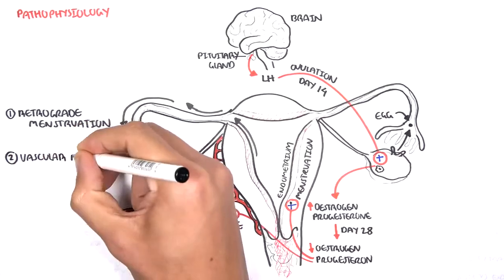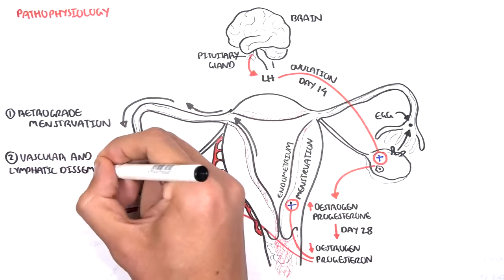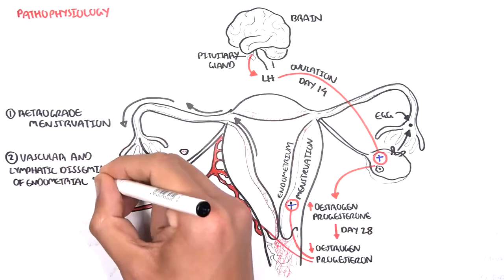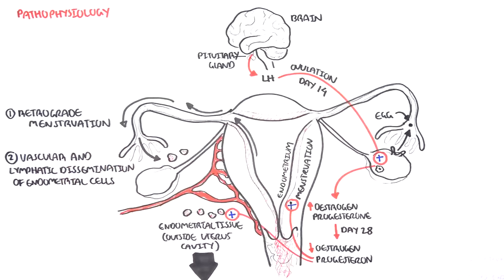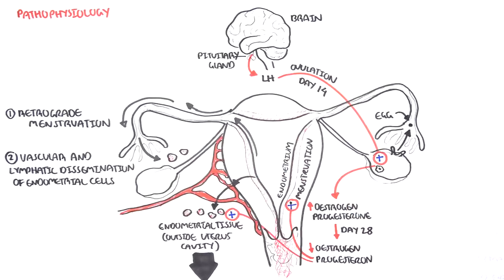Another theory is the vascular and lymphatic dissemination of endometrial cells. Here, it's essentially thought that the endometrial tissue moves via the vasculature or the lymphatics from the uterus and deposits elsewhere in the peritoneal cavity.